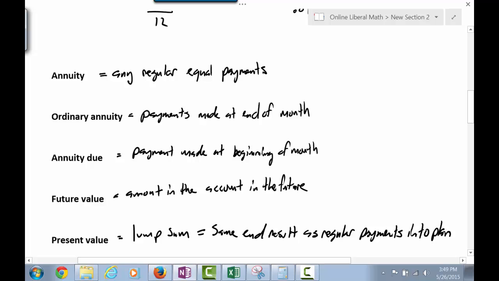What would the big chunk of money be that would be the same as if I paid the same amount every month, or however often we're paying into the account?